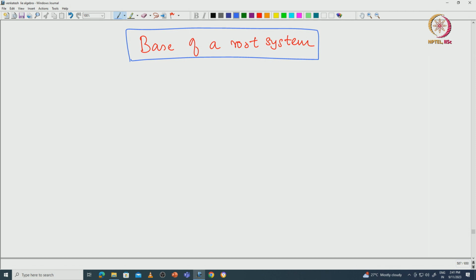For example, let us recall the root system B2. If you recall, this is the set of all roots, where we fix alpha and beta such that the Cartan number of beta, alpha is minus 2. Sorry, not minus 3, we fix it to be minus 2.